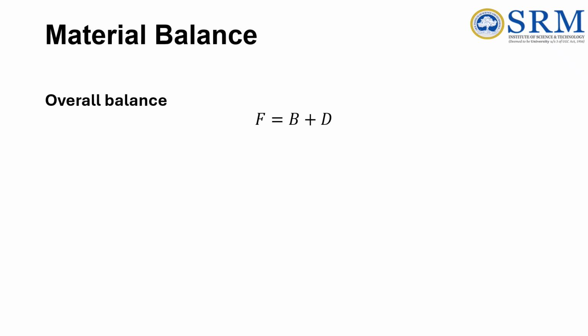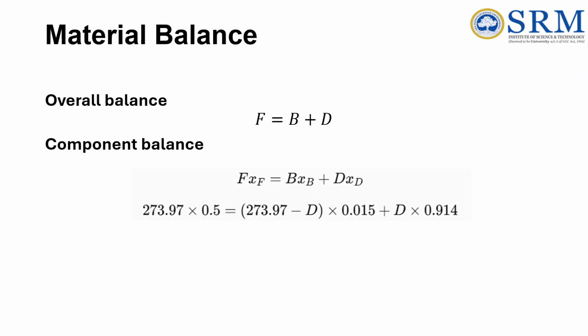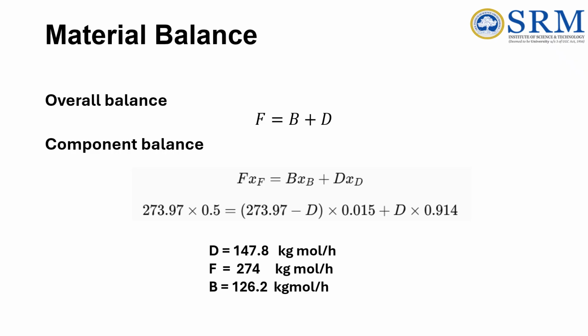Computing the material balance: the overall material balance is feed equals bottom plus distillate, and the component balance is F·XF equals B·XB plus D·XD. Here we know F, while B and D are unknown. B can be written in terms of D as F minus D, so the only unknown is the flow rate of distillate, which can be computed.